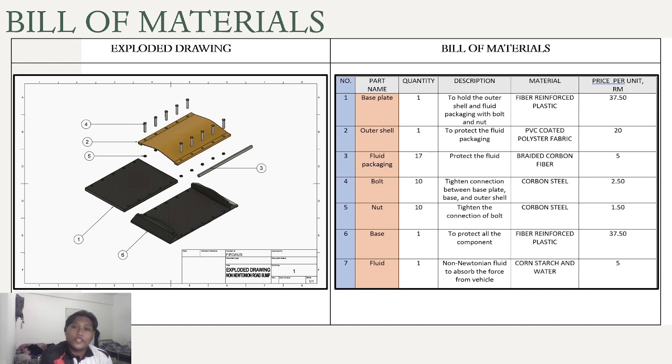In the bill of material, we have quantity, description, material, and price per unit.